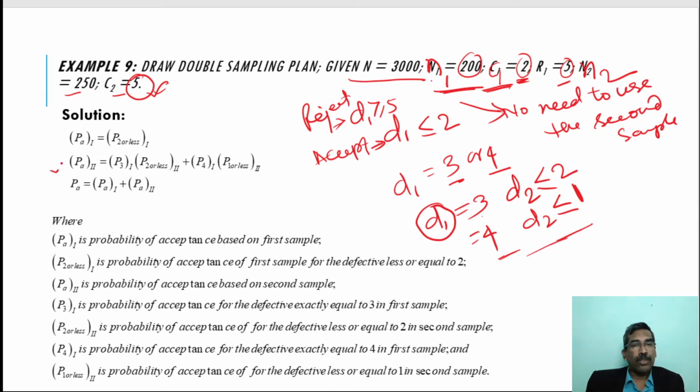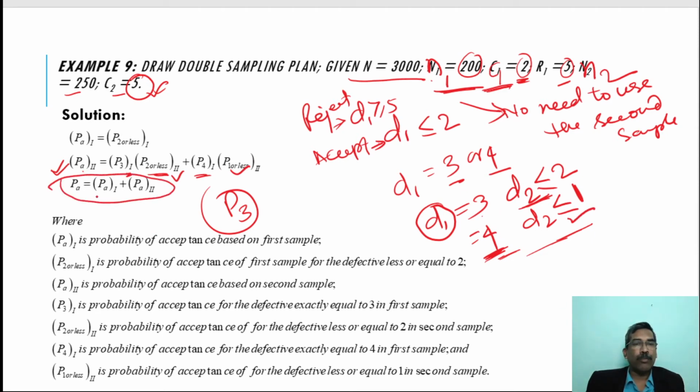So in the second case you can see here PA2 will be P3. P3 means exactly 3 defective in the first sample, and P2 or less in the second sample, and P4 means exactly 4 defective in the first sample and 1 or less in the second sample. So in this way we can find the value of PA.